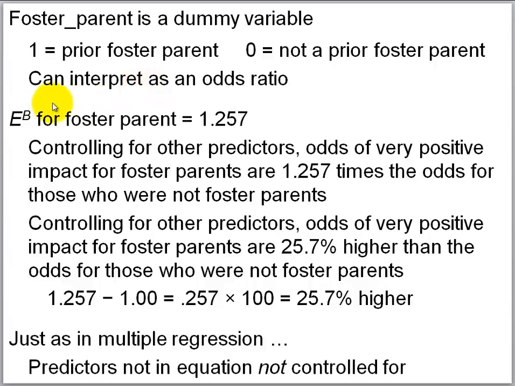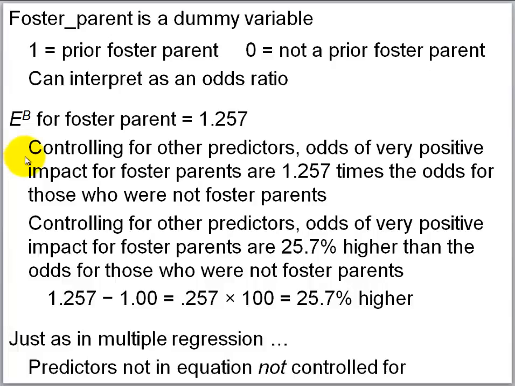So the exponentiated coefficient for foster parent is 1.257. Thus, controlling for other predictors, the odds of a very positive impact for foster parents are 1.257 times the odds for those who were not foster parents.